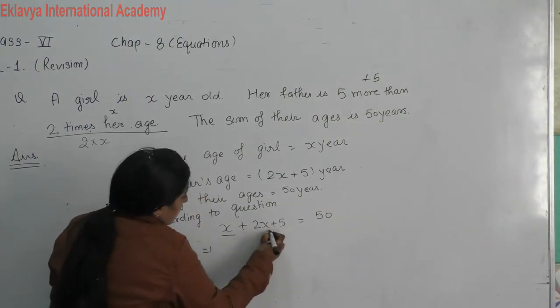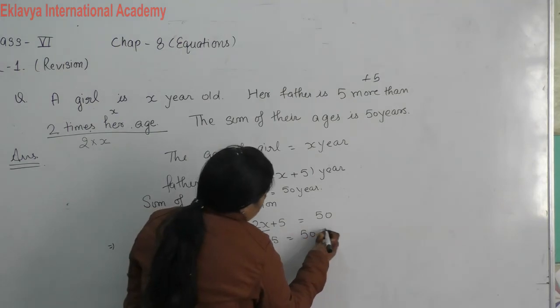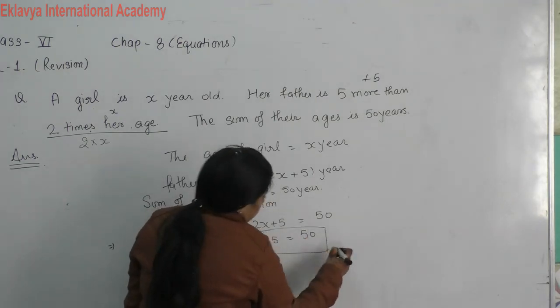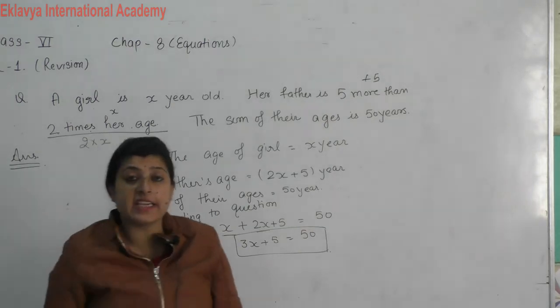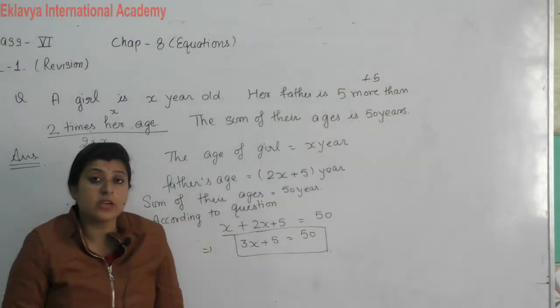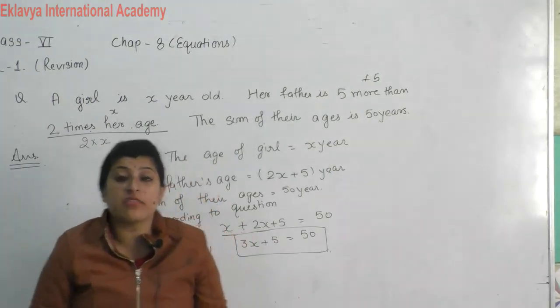Then combining like terms, 3x plus 5 is equal to 50. So, your final equation becomes 3x plus 5 is equal to 50. You can solve it and find out the value of x.